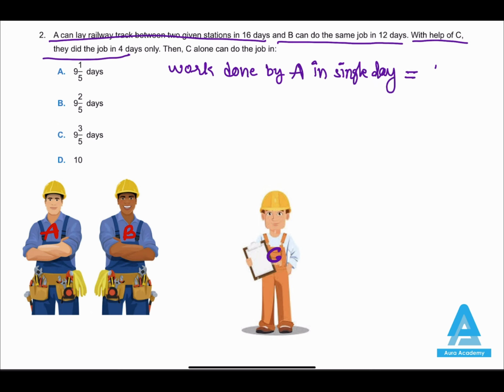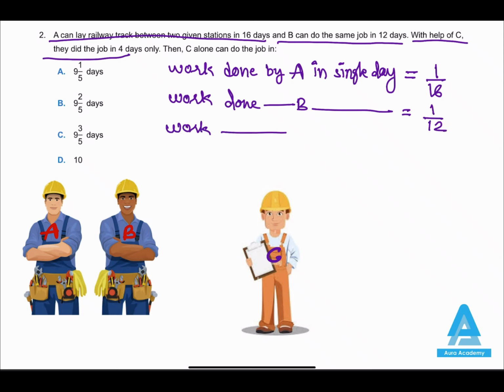which is 1 by 16. Now work done by B in a single day, which is 1 by 12, and work done by C is unknown, so we will call it 1 by C. Whatever be the value of C, those many days are going to be required to complete this.